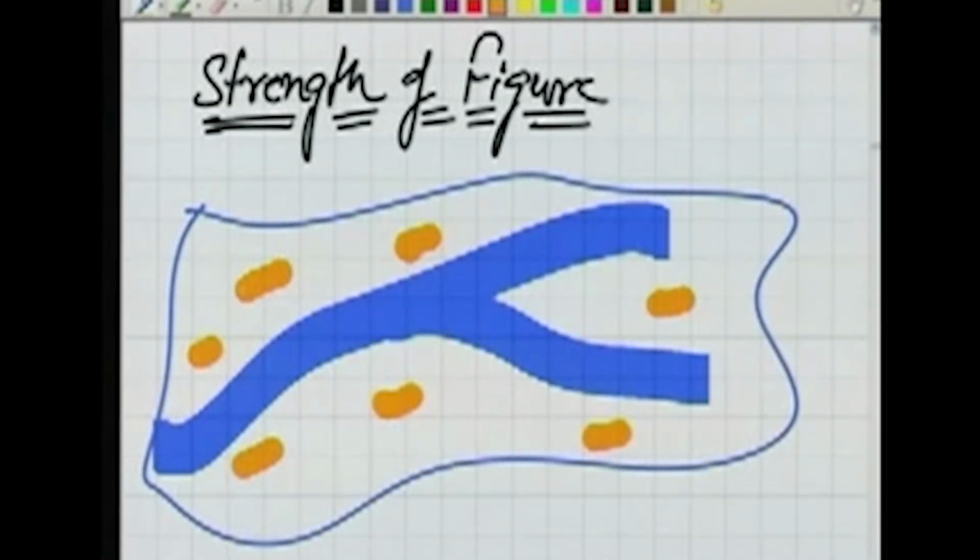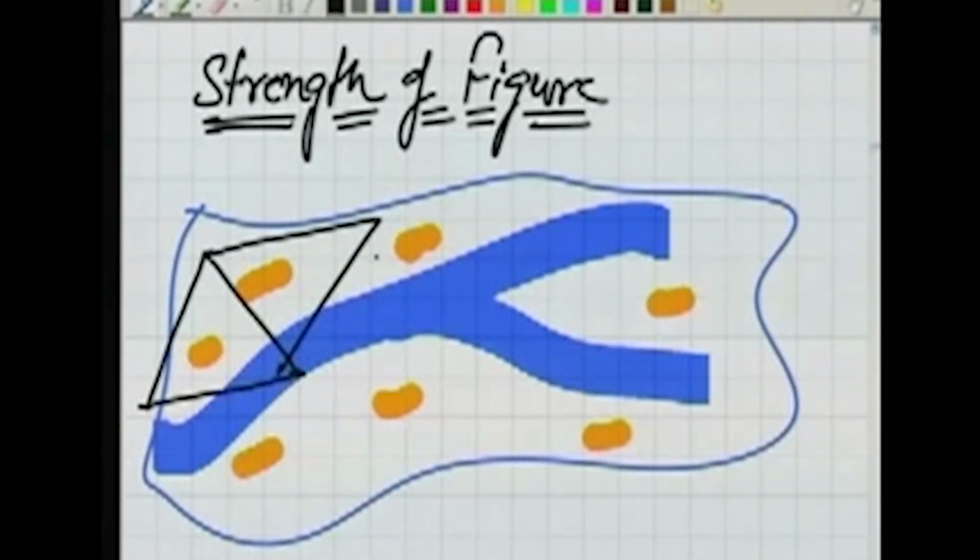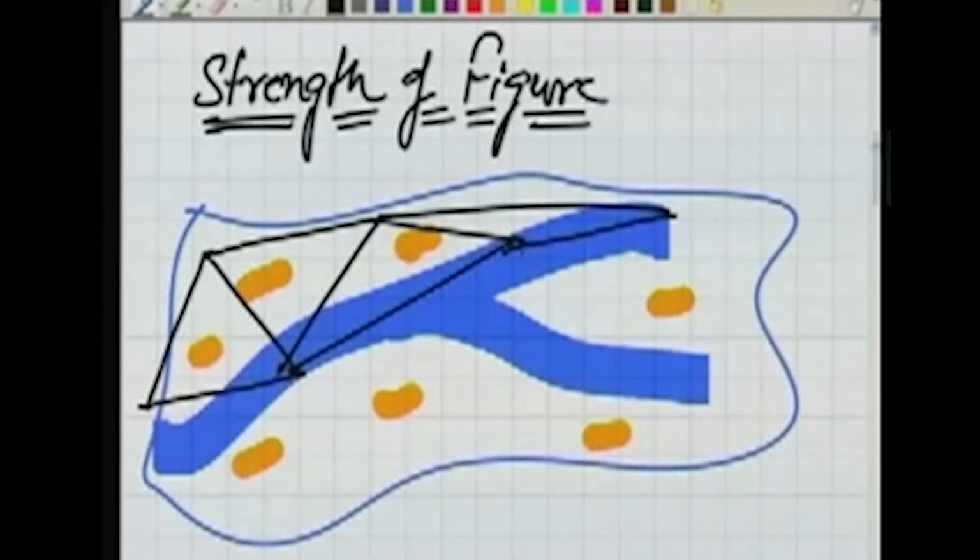So what we decide is that we'll go for triangulation, and we have a triangulation network. Let's say our triangulation network is like this, number 1. And in the second case, I again go for a triangulation network, but now the network which I choose is a slightly different one, and it is like this.